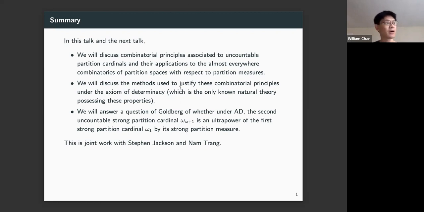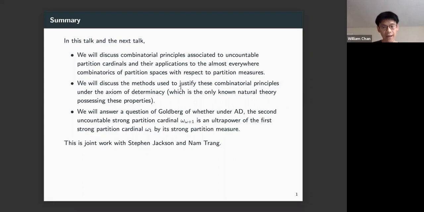In the next talk, we have to justify some of these combinatorial principles, and we'll do it under AD, which is essentially the only natural known theory where we have these uncountable partition cardinals.